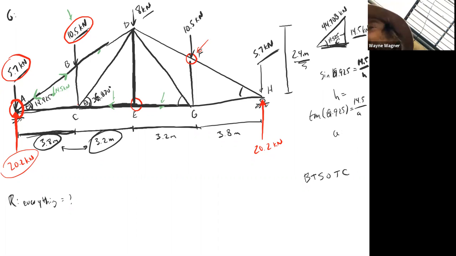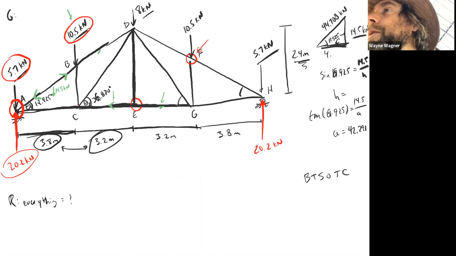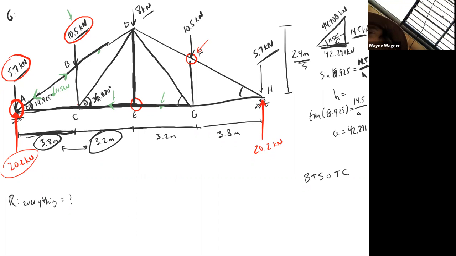So the adjacent equals 14.5 divided by the tangent of 18.925. Oh, that's interesting. 42.291 kilonewtons. Okay, I'm going to go ahead and check that because that seems a little off to me.